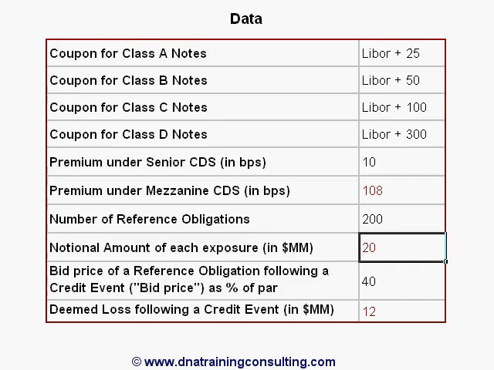Specifically, they represent only 0.5% of the aggregate portfolio, but are not so small in comparison to the amount of total subordination benefiting the lower classes of notes, such as Class D and Class C.